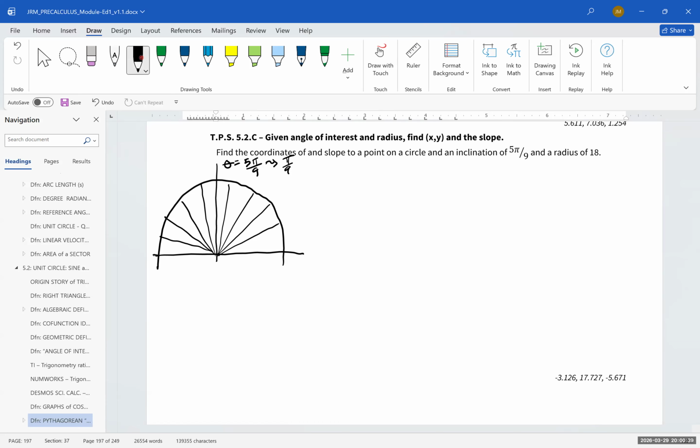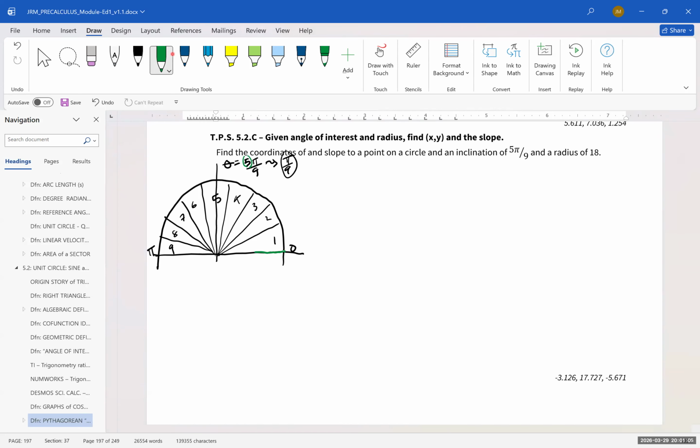So you've got 1, 2, 3, 4, 5, 6, 7, 8, 9. You have 9 divisions from 0 to pi, right? That's what that says. And so our angle is where we've got 5 of those pi over 9s.